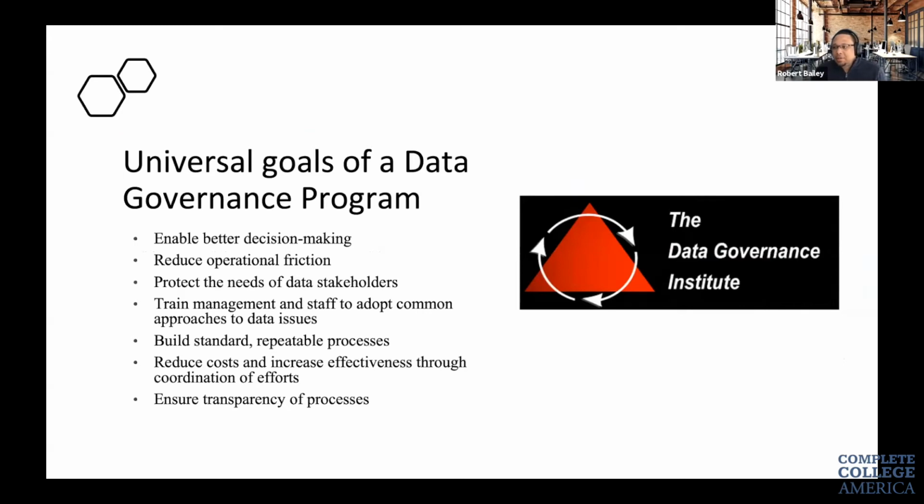My background being in institutional research, as well as IT, has afforded me opportunities to be involved with not only data-driven conversations, but also accreditation-driven conversations as well.